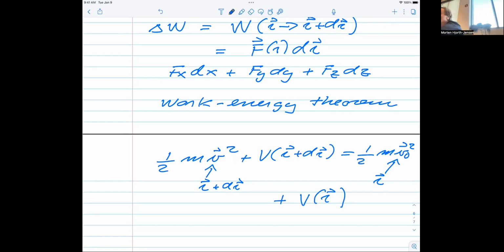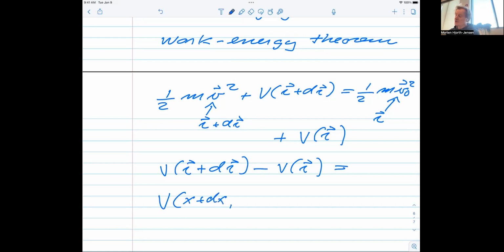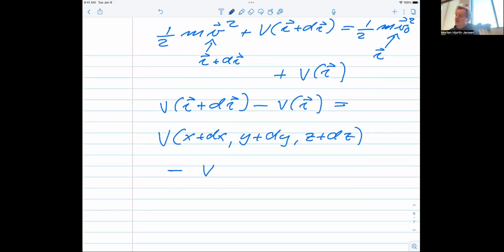Then what I can do next is simply to look at the difference. So if I take the difference between V of r plus dr minus V of r, this is the same as us doing x plus dx, written out component-wise, minus the potential at x, y, and z.